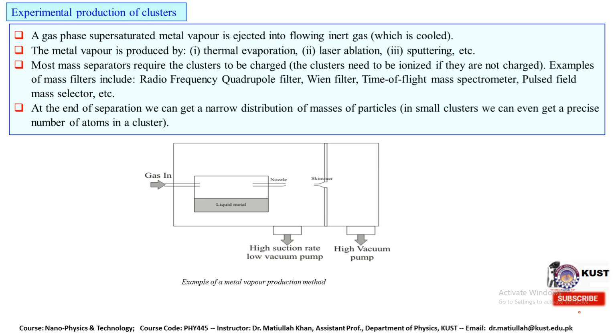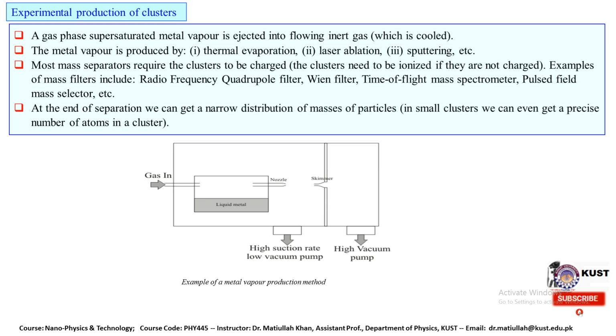The metal vapor is produced with the help of thermal evaporation, laser ablation, and sputtering. Most mass separators require the clusters to be charged. The clusters need to be ionized if they are not charged. Examples of mass filters include the radio frequency quadrupole filter, Wien filters, and some other examples as well.